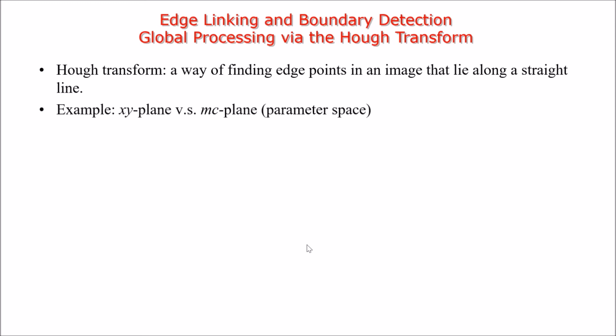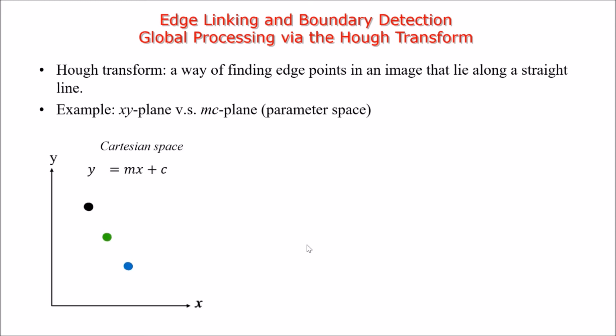The Hough transform is a matter of calculating the input from two different planes. Let's say in general we have three edges here, three points of edge, which are on three different lines: black, green, and blue.